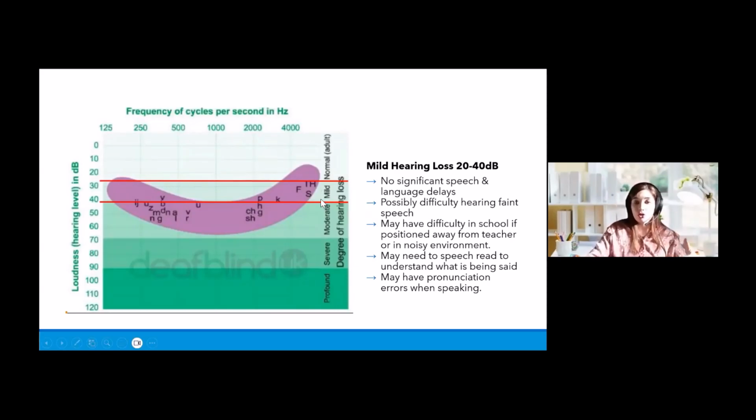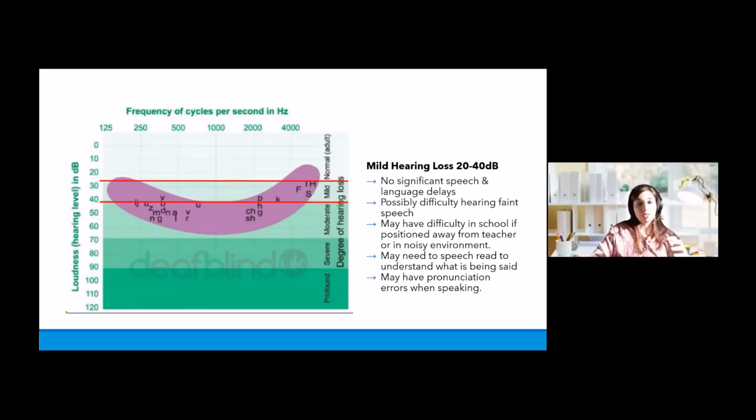So these children who have a hearing loss kind of at this red line, so the lower red line, will probably have difficulty in school. They'd benefit from being positioned near their teachers. They're going to struggle in a noisy classroom environment, and they're probably going to be depending a lot on speech reading and kind of environmental cues to pick up on what's happening, and they're really good at masking.